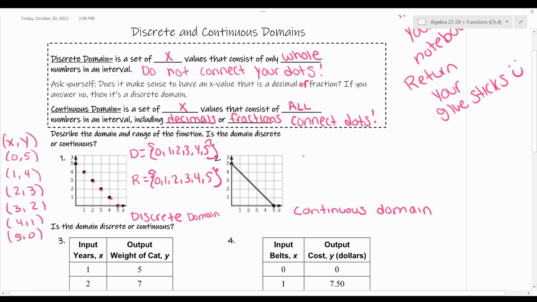But number 2, if we figure out domain and range, it's a little bit different. So remember with our domain, if we have a straight line like this, we first start and look at where it crosses our x-axis. So it crosses right here.